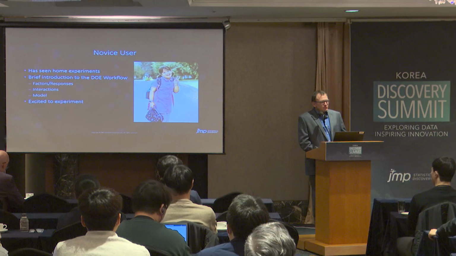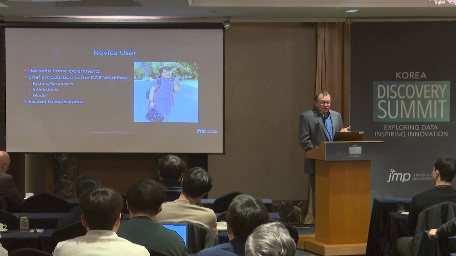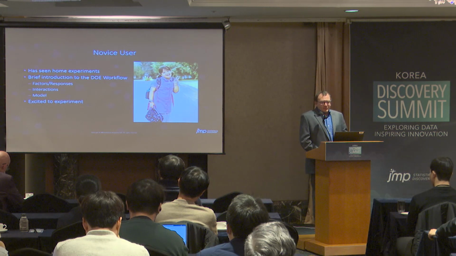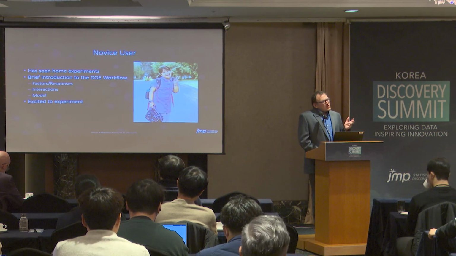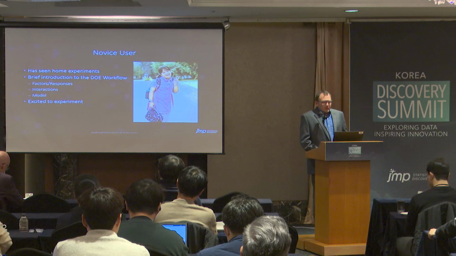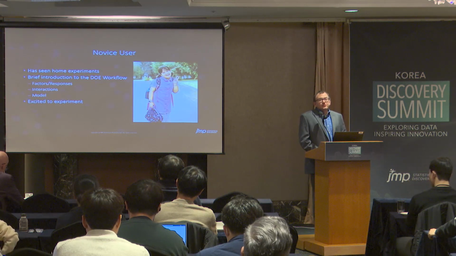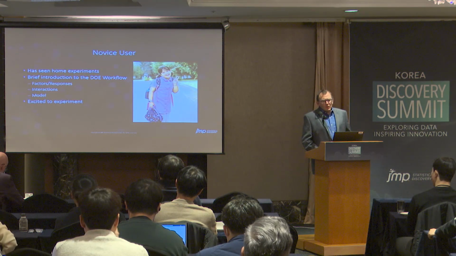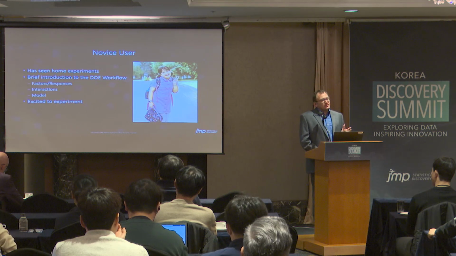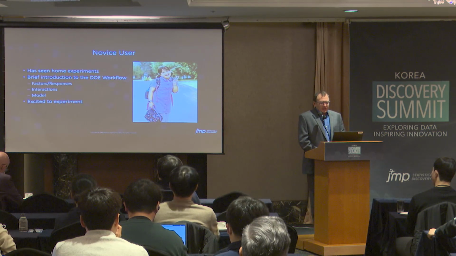All right, so with Easy DOE, she was the one in complete control over the platform and everything that we were doing. Now, I will admit, we had talked about some of the concepts that she would see in Easy DOE. So she knew about factors and responses. She had an idea of interactions, which can always be difficult.